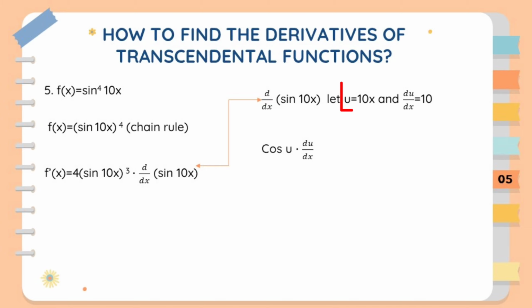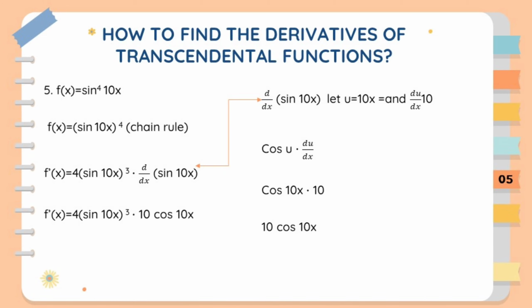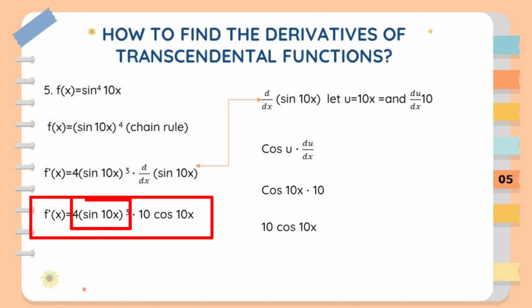Let's plug it into the equation. So, we have cosine 10x multiplied by 10. Then now, we get 10 cosine 10x. Our f prime of x now is equal to the first set, which is 4 quantity of sine 10x cubed multiplied by the second set, which is 10 cosine 10x.